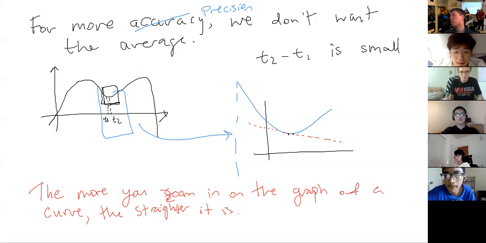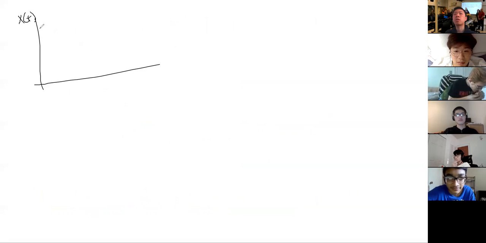So let's just say we didn't have a curve. Let's say we had a straight line for our x of t versus t graph.